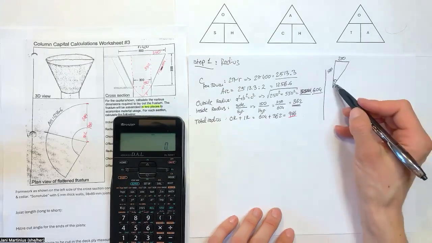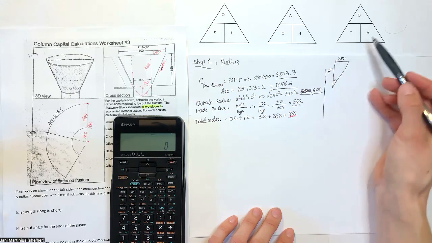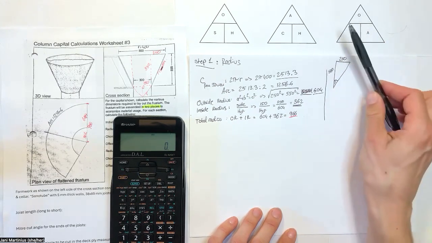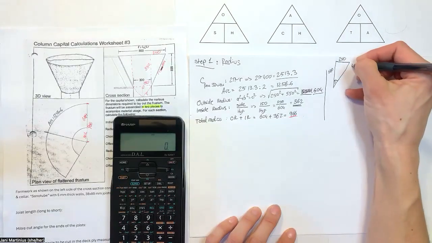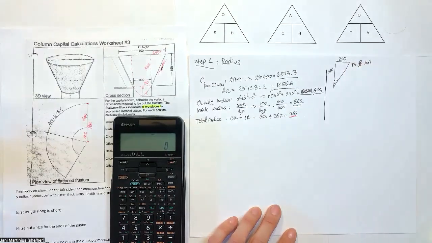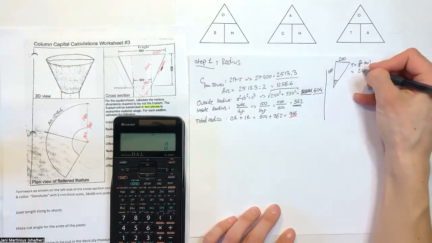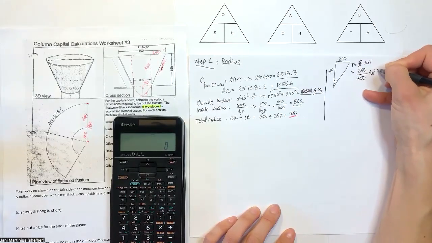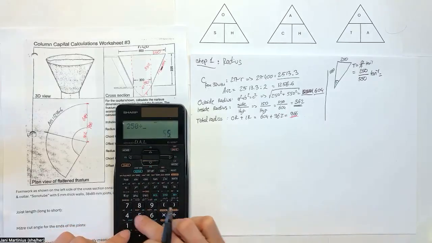So let's see. To find out this angle, we have an opposite side and an adjacent. Opposite and adjacent leaves us with TOA. So if we're trying to find tan, it's opposite over adjacent. T equals opposite over adjacent. And remember, you always have to take the inverse of tan. Punching that in, 250 over 550, inverse of tan, 250 over 550.